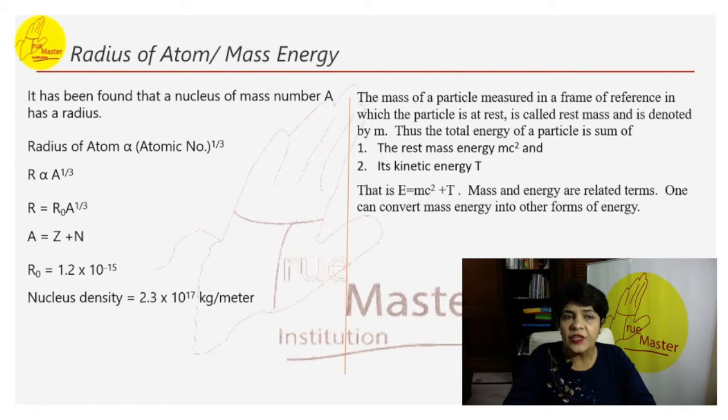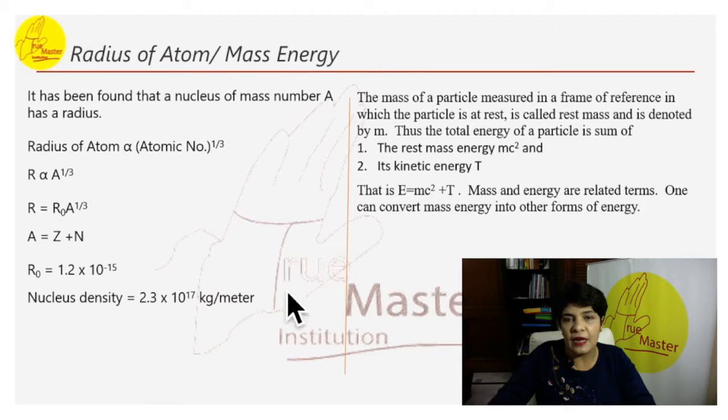We will be looking at three terms in this slide: radius of atom, nucleus density, and mass energy. Now, the radius of the nucleus is proportional to the cube root of its mass number.